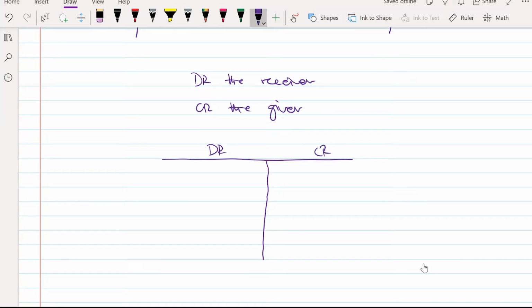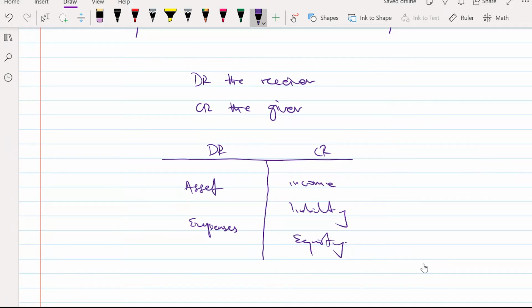Now, assets will always be a debit item. Expenses will also always be what? A debit item. But income will always be a credit item. Liability will always be a credit item. And equity also will always be a credit item. So it's not a factor of which one you are taking into consideration at every particular point in time.